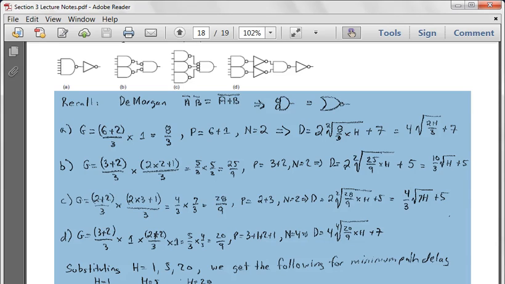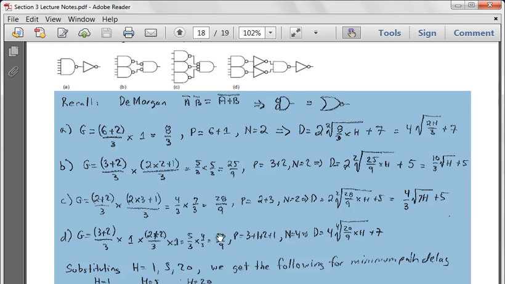And then for the fourth stage, we have 4 stages, but we have a 3-input NAND gate, so this becomes 3 plus 2 over 3 times 1, which is an inverter, so that's 3 over 3, plus, now we're using NAND gates again, 2 plus 2 over 3 times 1 because we have yet another inverter. So this becomes 5 over 3 times 1 times 4 over 3 times 1, which becomes 20 over 9.